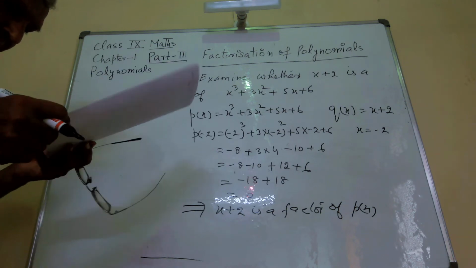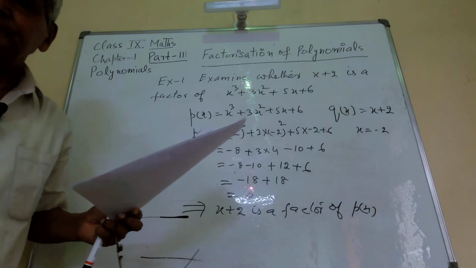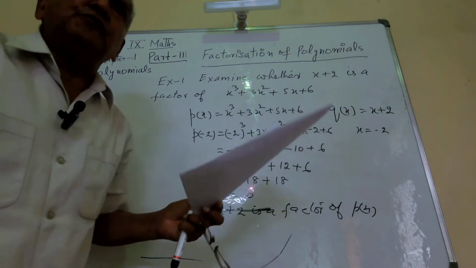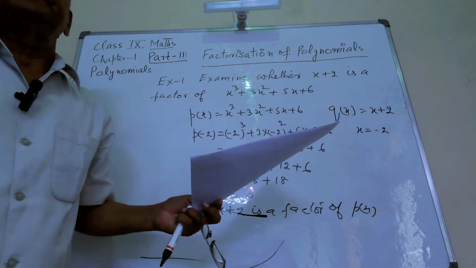So I am taking the second example. With the help of the remainder theorem, we can find out any unknown variable in the polynomial.